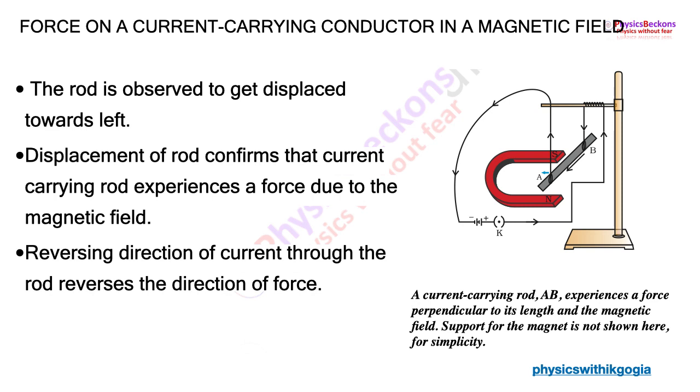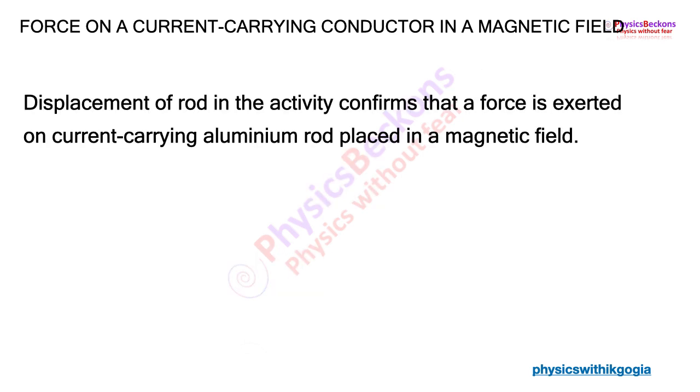Now reverse the direction of current through the rod. The rod will now get deflected towards right, indicating that reversal of current also leads to reversal of direction of force on the current carrying conductor placed in magnetic field.